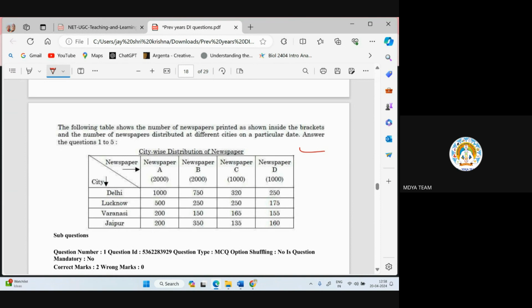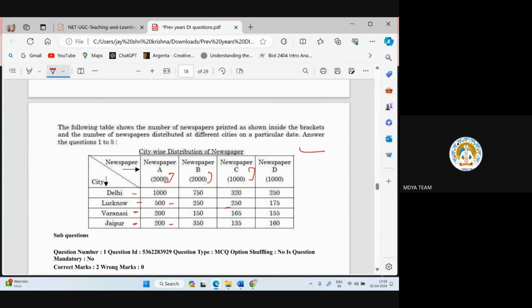City-wise distribution of newspapers: the total number of newspaper A is 2000, newspaper B is 2000, newspaper C is 1000. Out of the 2000 of A, 100 are distributed in Delhi, 500 in Lucknow, 200 in Varanasi, and 200 in Jaipur.